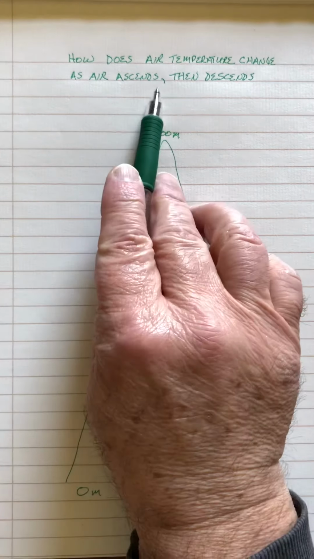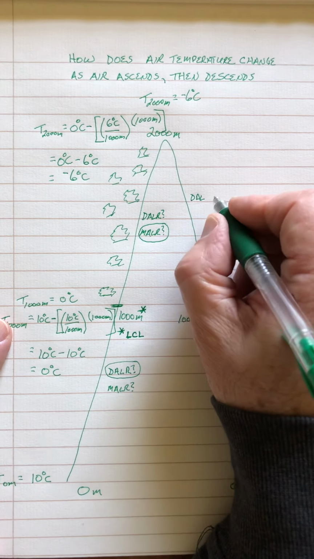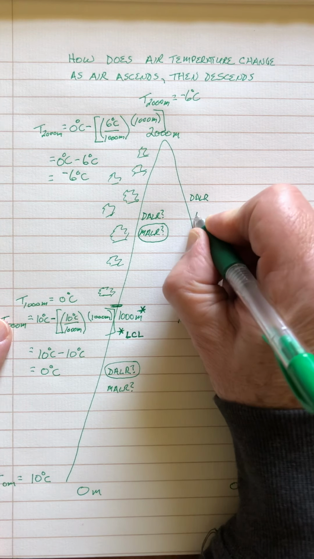Now we've got to take the air back down to the other side of the mountain. As we do that, now we're talking about the descending side. The air is descending, and so as the air descends, the pressure is going to increase, the air is going to compress, the density is going to increase, and so the temperature is going to warm.